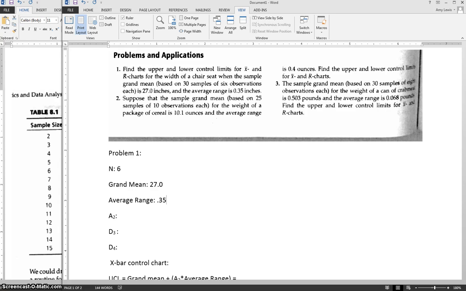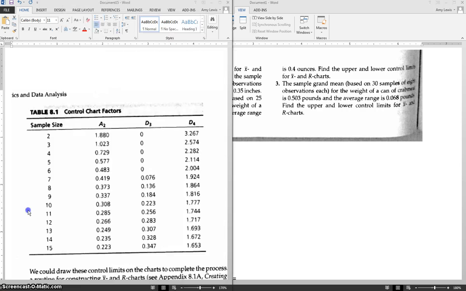Now, before I can do my control charts, I need to get my constants from my table. Remember, this is in our book on table 8.1, and I've gone ahead and done a screen capture here. As I look at that control chart, this is based on my sample size, so I'd look here for 6, and I would see that A2 is 0.483, D3 is 0, D4 is 2.004.